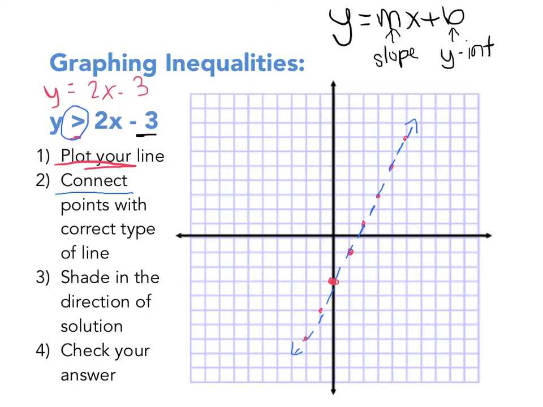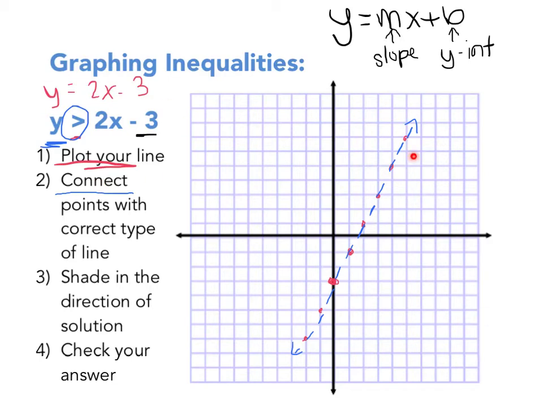Now I have to shade in the direction of my solution. So this is y is greater than, so I have to shade up the y-axis, because all of this space over here, all of these points forever to infinity in this direction are going to make this inequality true.